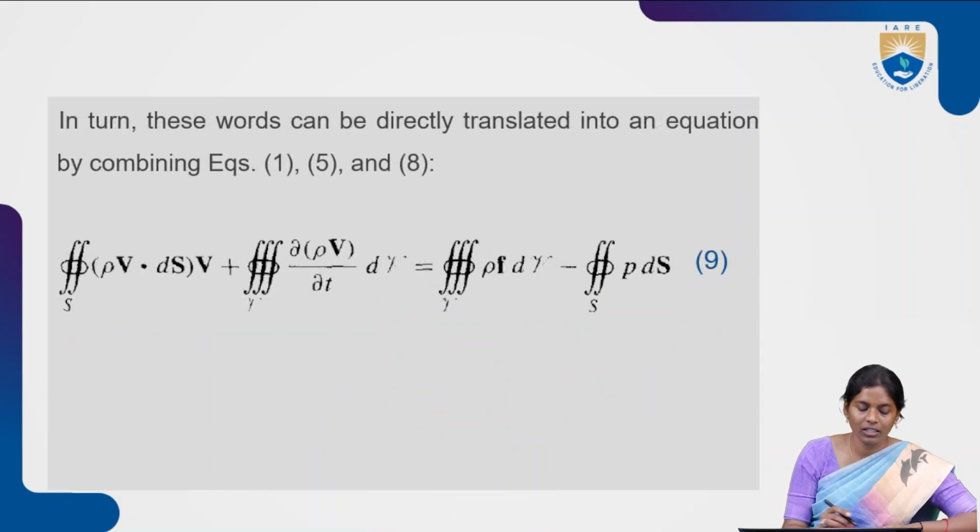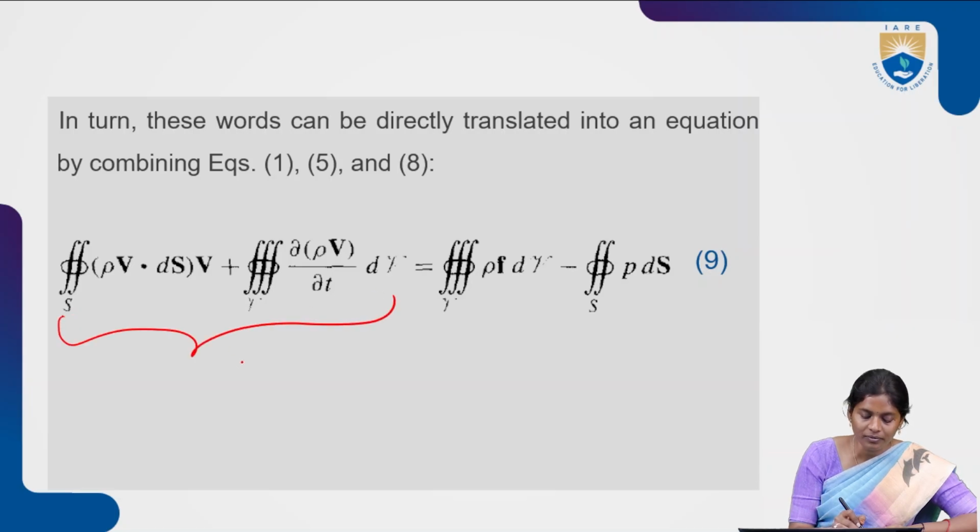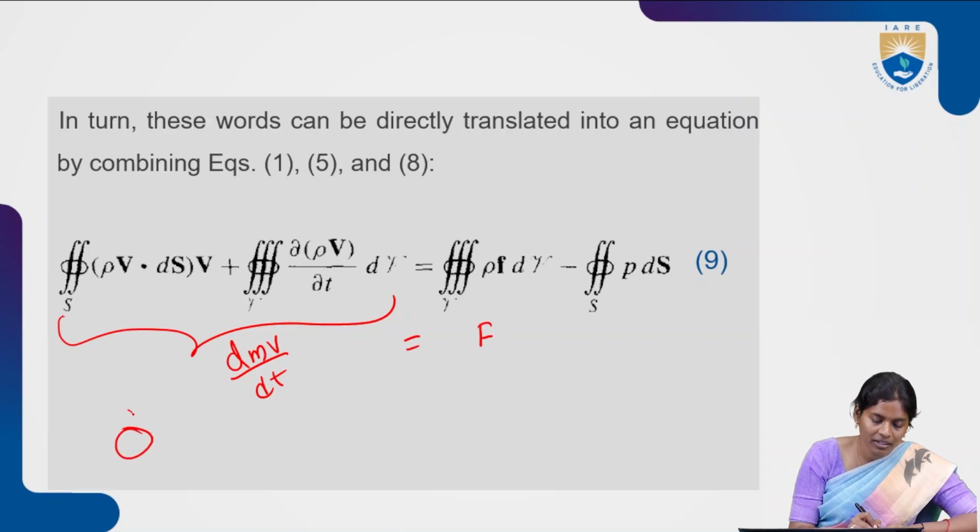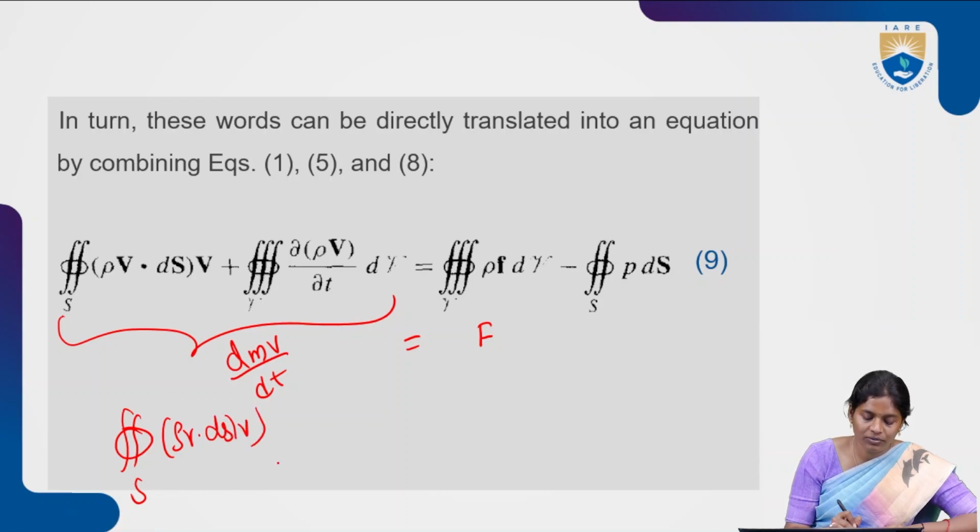So in other words, directly we can write here d(mv) by dt equal to F. What do we have here? The surface integral of rho v dS into v, where we are considering the surface only.